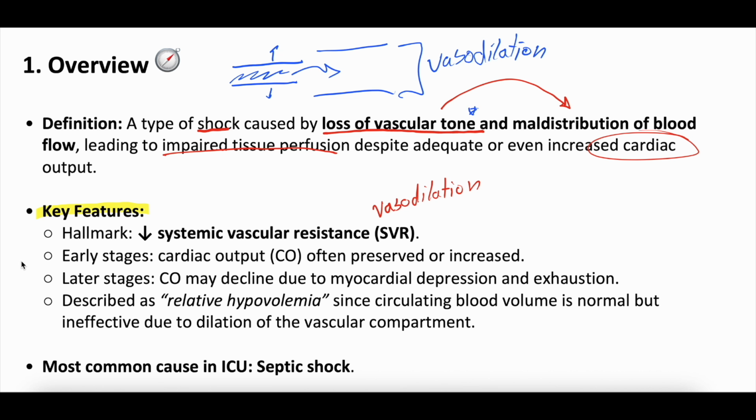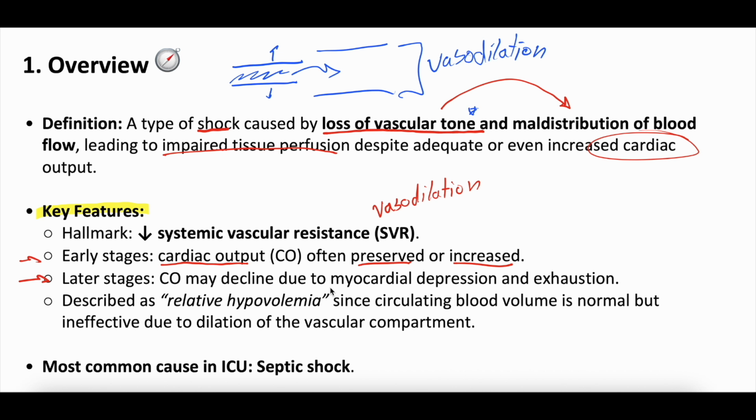And in the early stages, as we talked about, your cardiac output usually is preserved or even increased, right? Your contractility, you're often hyperdynamic, that heart's squeezing away. As distributive shock worsens, though, in the later stages, your heart can only handle that type of stress and hyperactivity for so long.